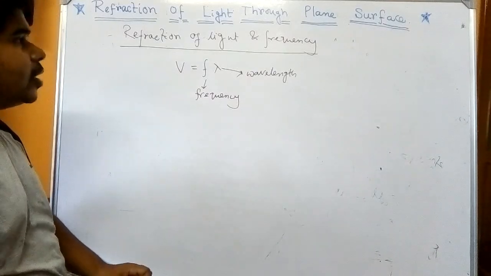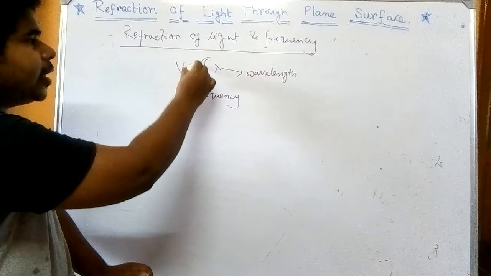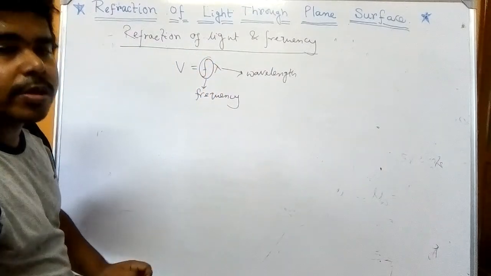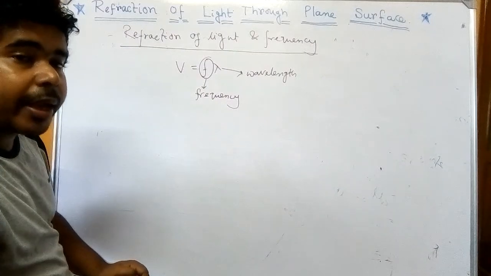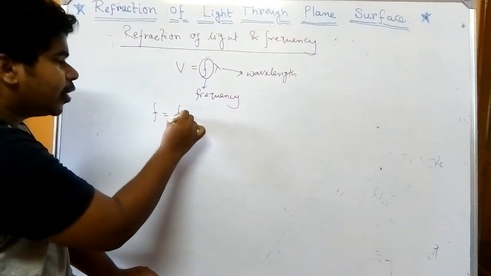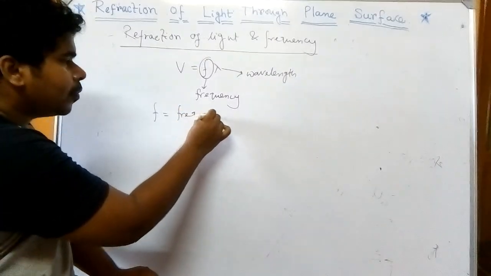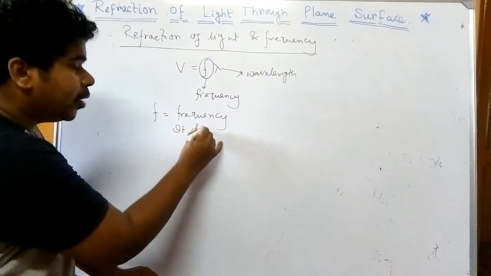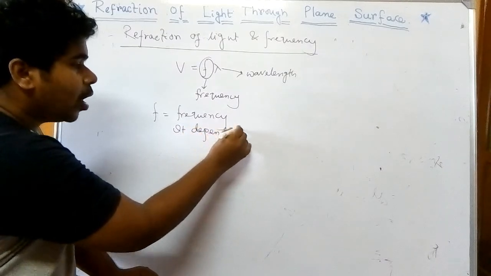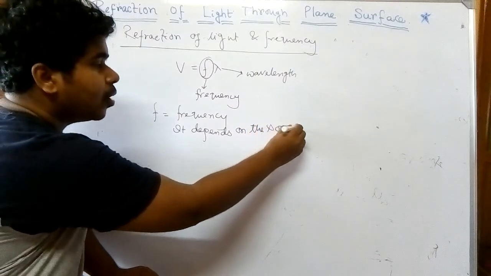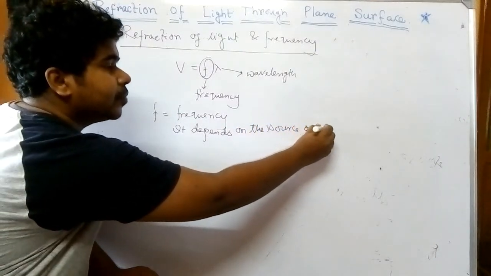You will be astonished that frequency is a sole property of the source from where the light emits. So we have to mention that frequency depends on the source of light.